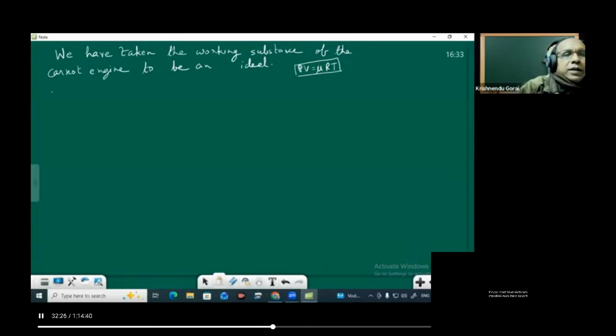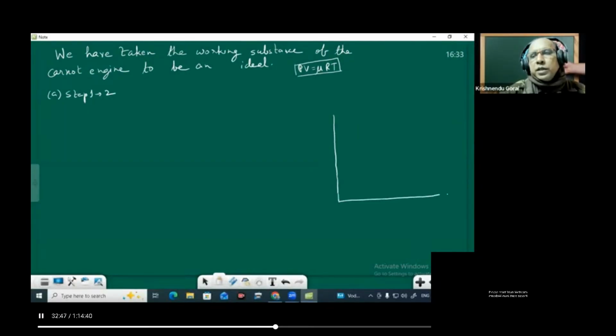Now we'll find the various steps. Step 1 to 2. So again, I have to draw the graph and find the efficiency. This is P, pressure, and this is V, volume.